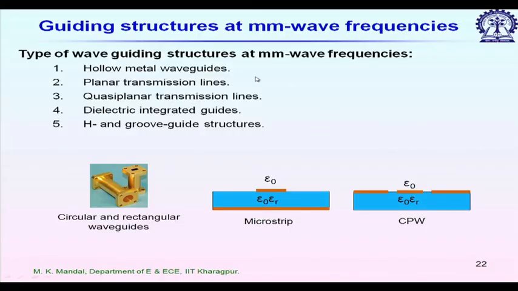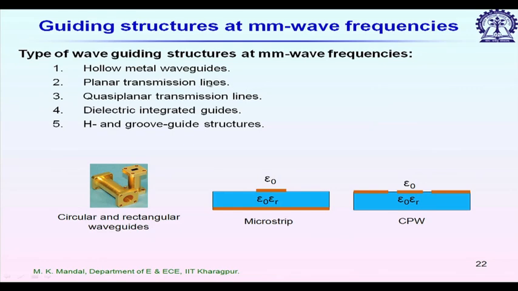So, hollow metal waveguide, it is very popular and it is bulky, but the main advantage is that its attenuation is minimum among all available solutions, and also it has highest power handling capability. So, that is why even though it is bulky and expensive, it is in use for millimeter wave applications.